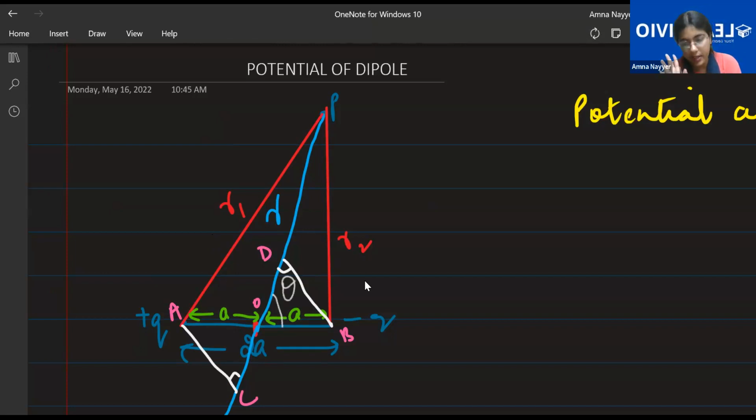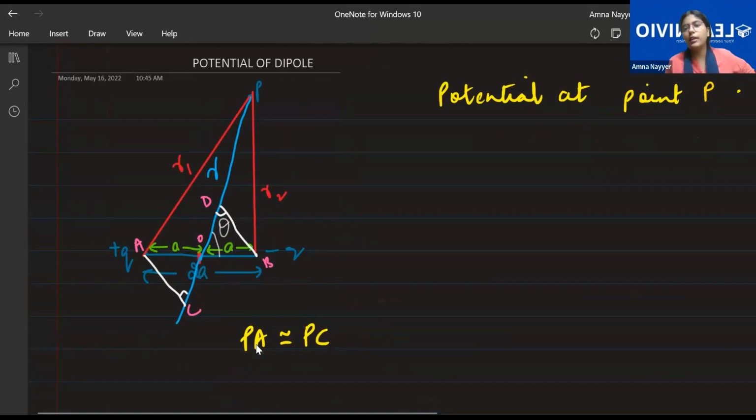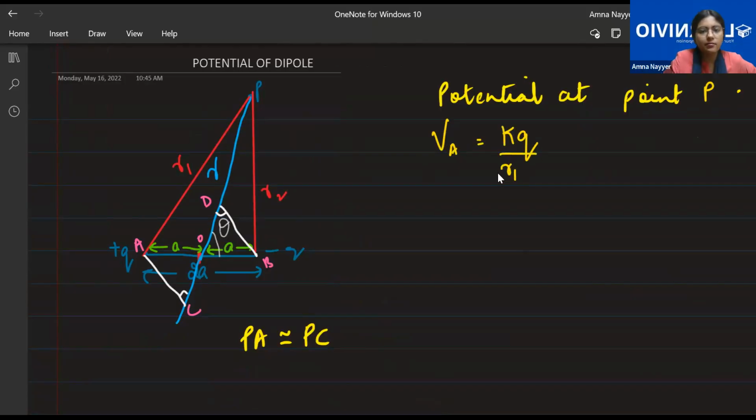First of all, class, it's a derivation, so a derivation has some fixed steps that you have to follow. Now, when this is theta, let us calculate the potential due to it. Potential due to Q at A, VA, will be KQ by R1 at point P. Potential at point P due to B, VB, will be minus KQ by R2, that is K into minus Q by R2.